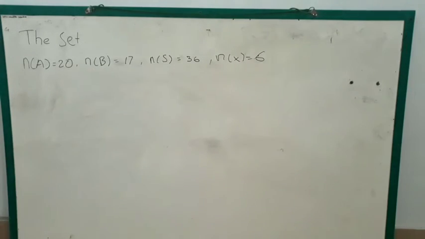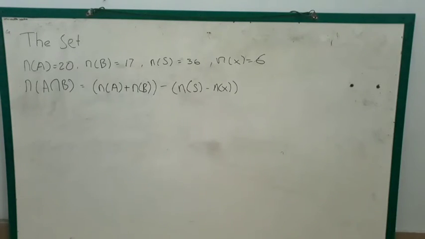And third point is the total value in the set, we can call the value S is 36 students. And the last point is students who did not like these two sports. We can call value X is 6 students.